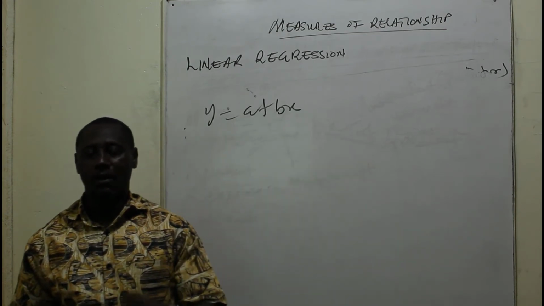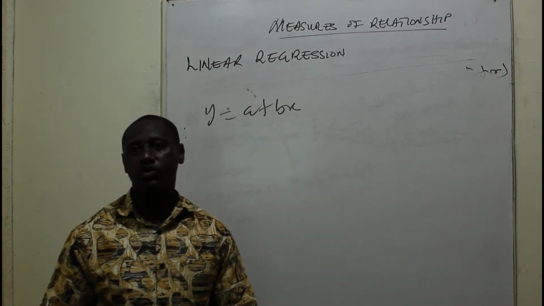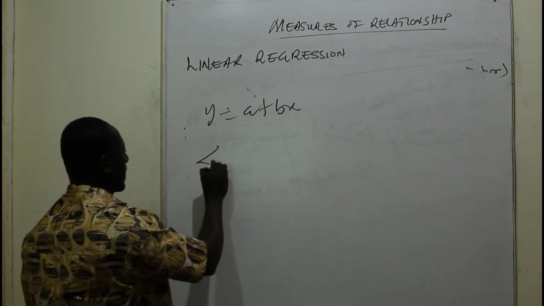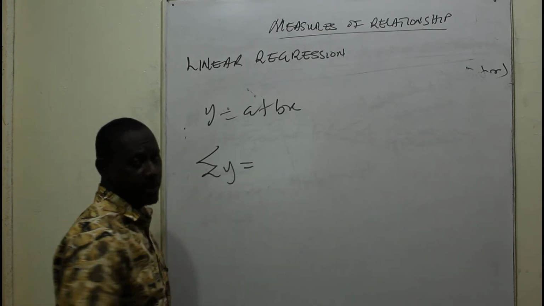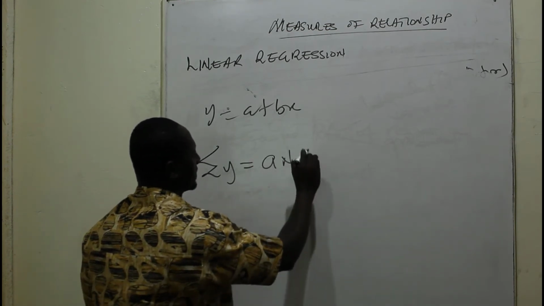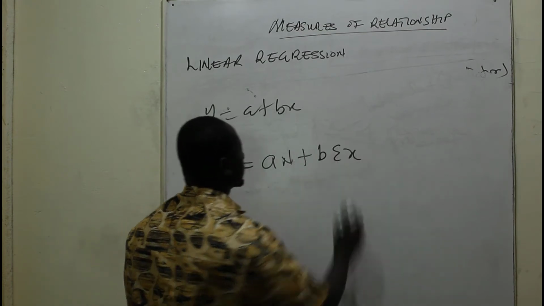Our focus here is to determine a and b. Therefore, we are going to use these two equations. The equations are summation of y is equal to a times n plus b times summation of x.